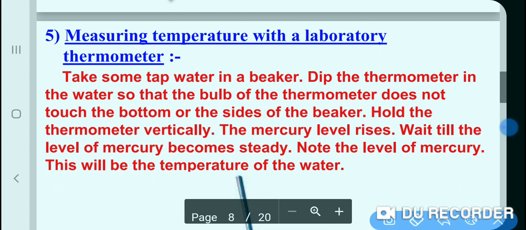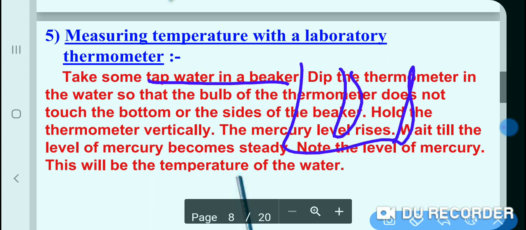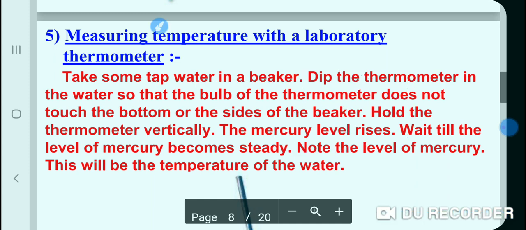Take some water in a beaker, take the laboratory thermometer and dip it into the water so that the bulb of the thermometer does not touch the bottom or sides of the beaker. Suppose this is the beaker. You are putting the thermometer in. It should not touch the bottom, nor should it touch the side.